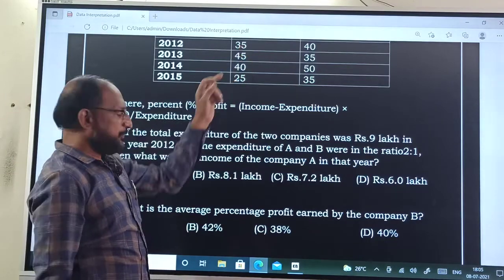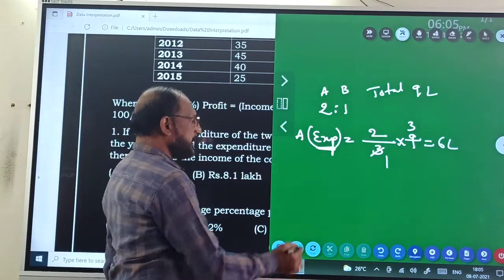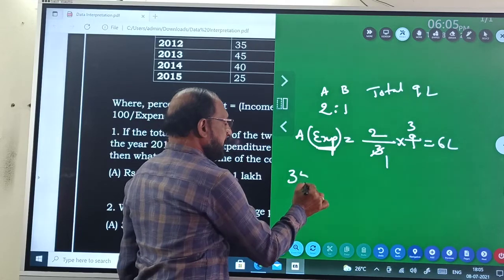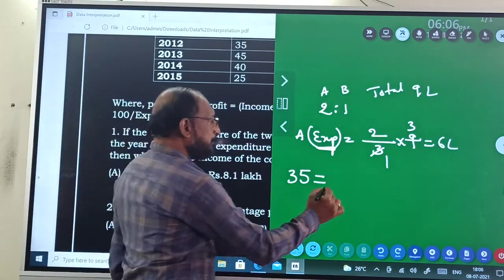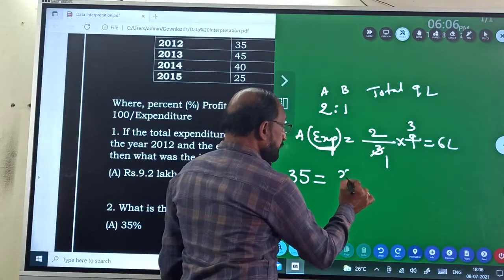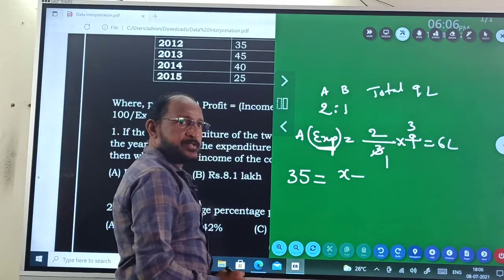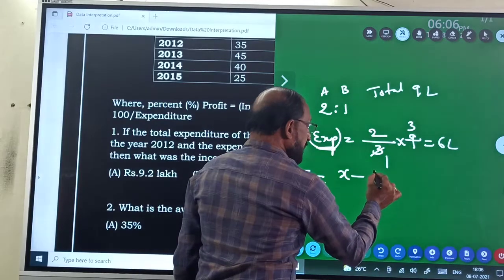So how to take it? 35 percent equals income, which we don't know, call it X, minus 6 lakhs expenditure, by 6 lakhs.